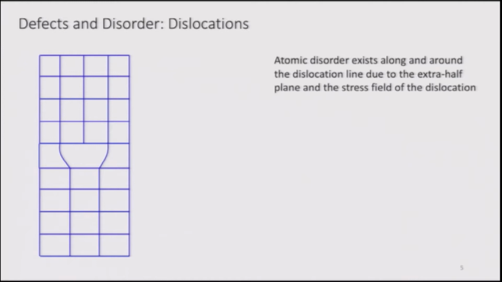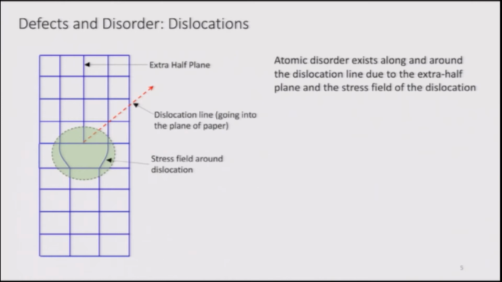Similarly, a dislocation is also characterized by some atomic disorder in and around its core. I have shown a schematic edge dislocation here. We can see the extra half plane here, and the dislocation line is going into the plane of the screen. There is also a stress field around this dislocation core, and because of this there is a slight atomic disorder in and around the dislocation core, and hence again the diffusion along dislocation is faster than that in the lattice.